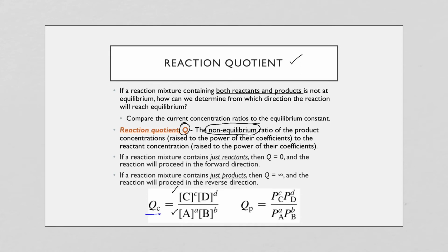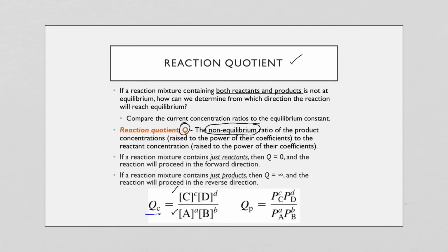And by understanding that, we'll know whether products, the top of our ratio, have to get bigger or smaller, or whether reactants have to get bigger or smaller, right? So we can tell by if Q needs to get smaller or larger, whether reactants are increasing or products are increasing.